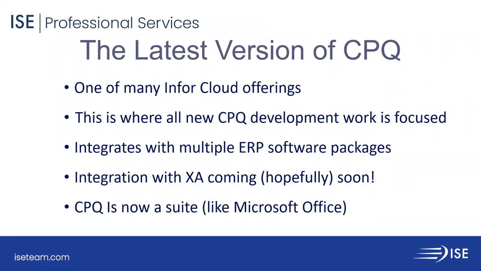You have Infor CRM, and of course Ion and Infor OS can be in the cloud these days, and all other kinds of cloud, Suite Industrial, the old SyteLine ERP, can be in the cloud. So there are a lot of Infor cloud offerings. And that second bullet is something to consider if you're considering CPQ or currently using CPQ: the cloud version is where all the new CPQ development work is focused.